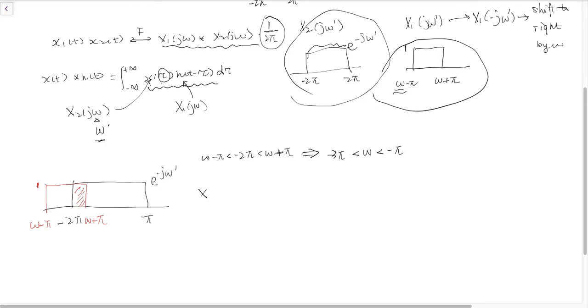So here, X1 j omega convolved with X2 j omega, times 1 over 2 pi, is equal to 1 over 2 pi times the integral of 1 times e to the negative j omega prime, and here it's actually from negative 2 pi to omega plus pi.